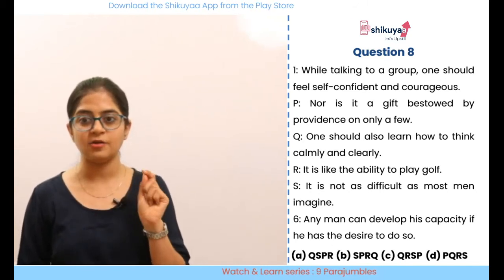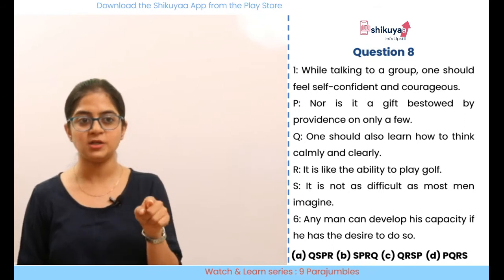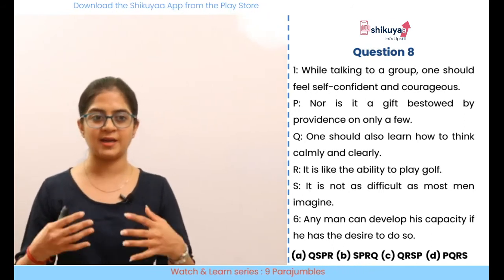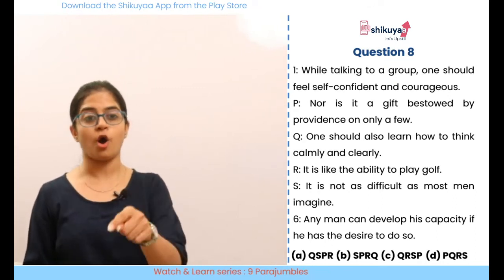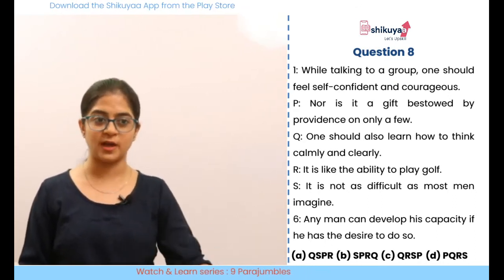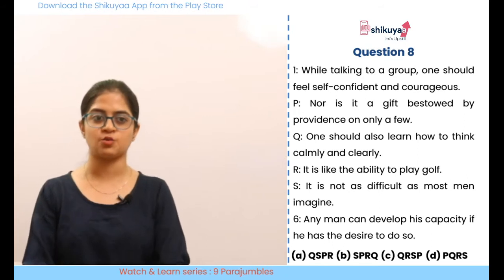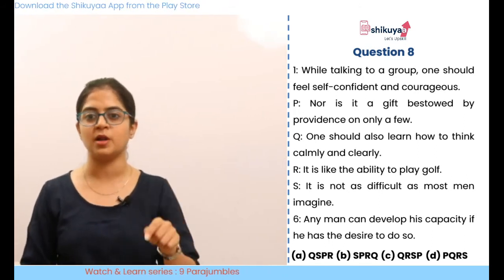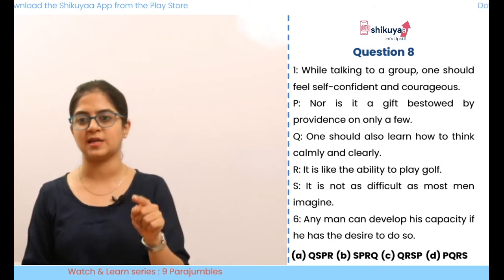Now let us again read sentence 1, that is, while talking to a group one should feel self-confident and courageous. One should also, now we are talking one should feel, and this sentence Q also says one should also. So this can be the sentence which can be continued to sentence 1.